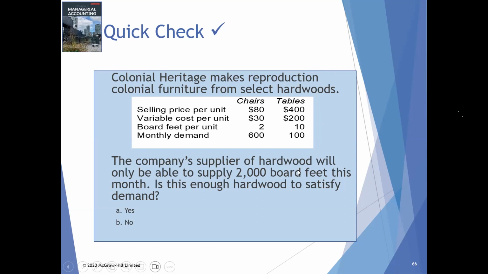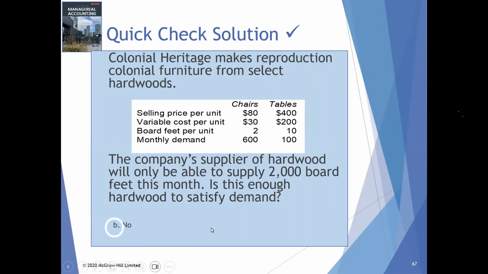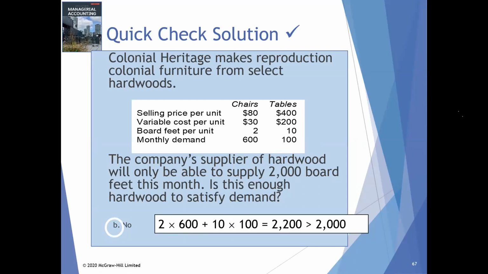It means there is still a shortage of raw material for making chairs and tables. So the answer should be no. Why is this no? Because of this explanation: demand is 2200, which is more than 2000.